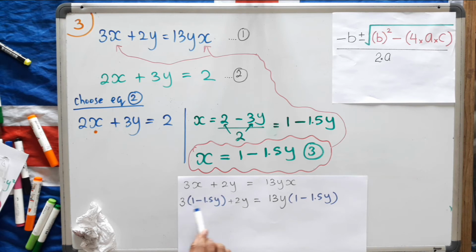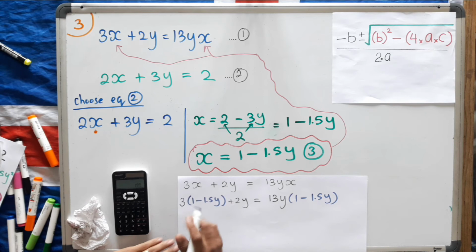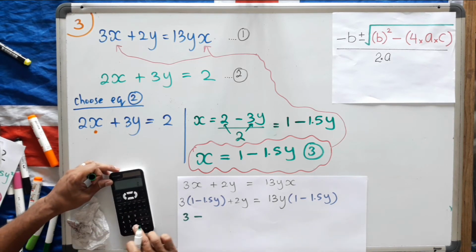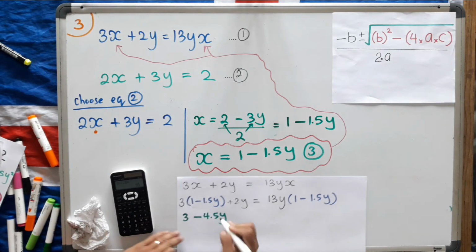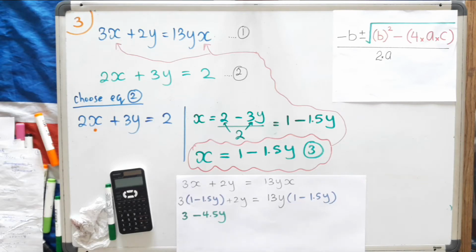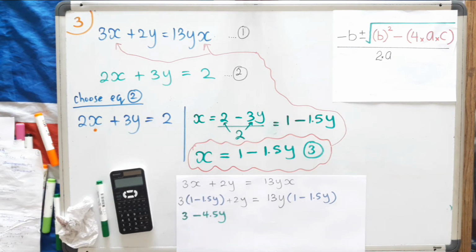So I'm going to multiply everyone inside here by 3, then I'm going to multiply everyone inside here by 13y. Let's get a different color here. I need my calculator also. 3 by 1 is 3, minus 3 by 1.5, you will get minus 4.5y. All right. So now that we have multiplied out this bracket by 3, we put back the 2y.